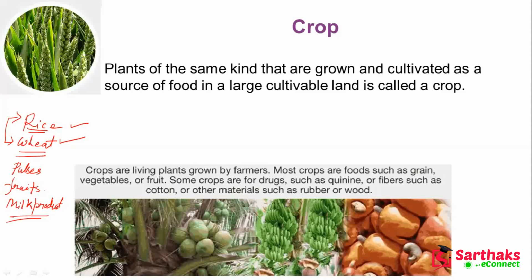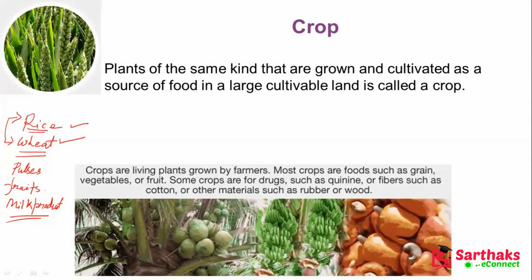So every day we require some things without which we cannot sustain or live, like rice, wheat, pulses, fruits, milk products. We require any of them, or sometimes all of them.